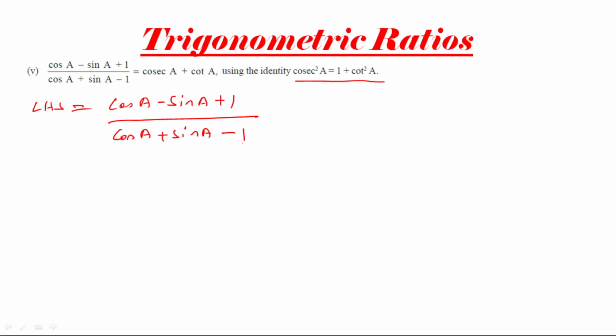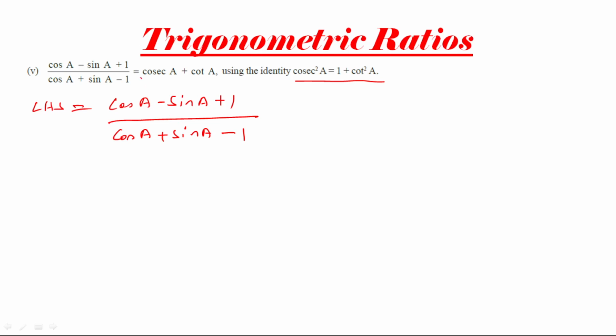So now this particular question we need to solve. Let us go for dividing it, because cos A is there, sin A is there.